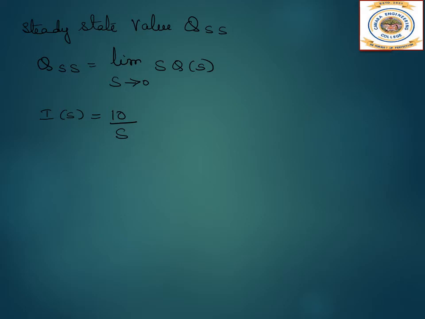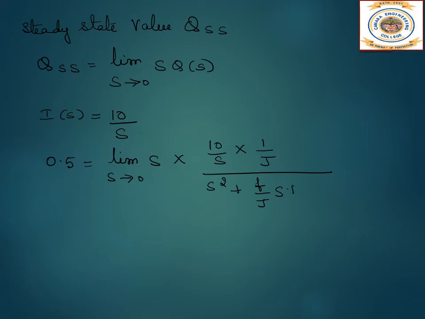Therefore, now let us substitute the values. Qss, given as 0.5 radians, equal to limit s tends to 0 of s into 10/s into the transfer function, so 1/J divided by s² + (F/J)s + K/J. Here this s and this s will cancel.